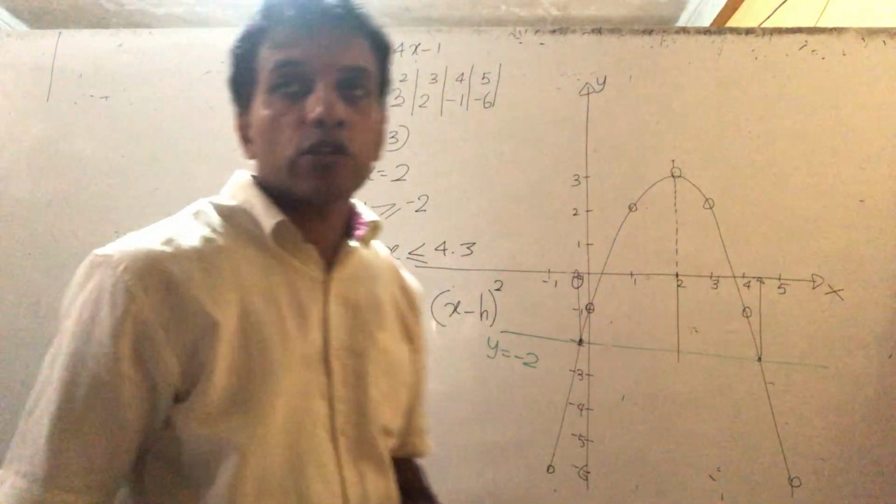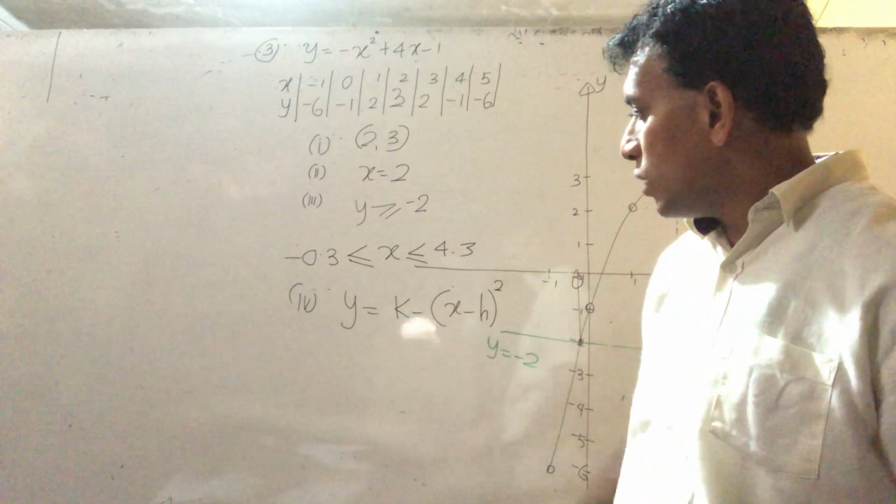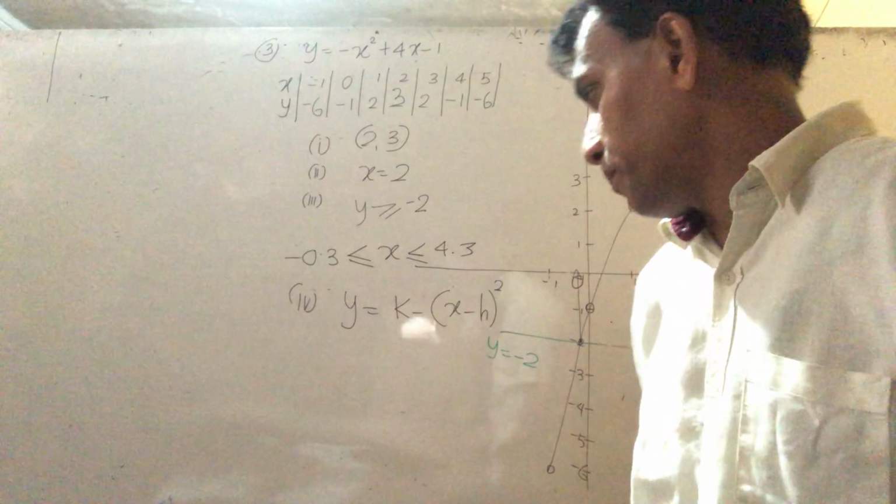Write the equation of the graph in the form of y equals k minus (x minus h) squared.